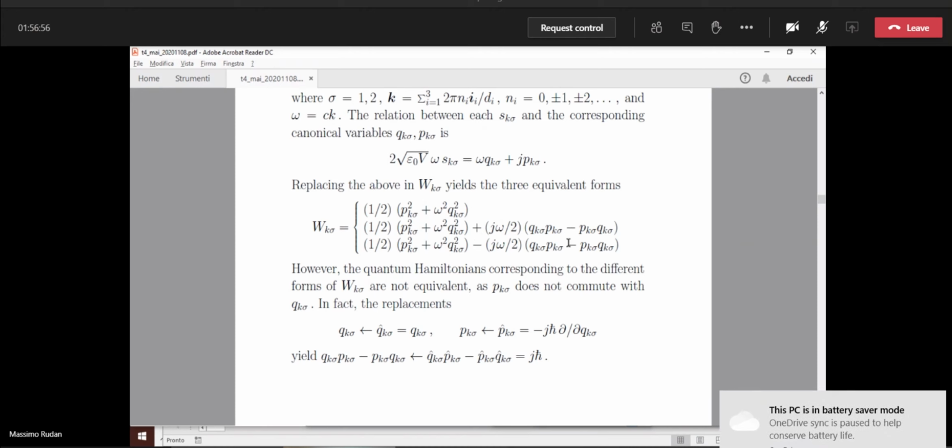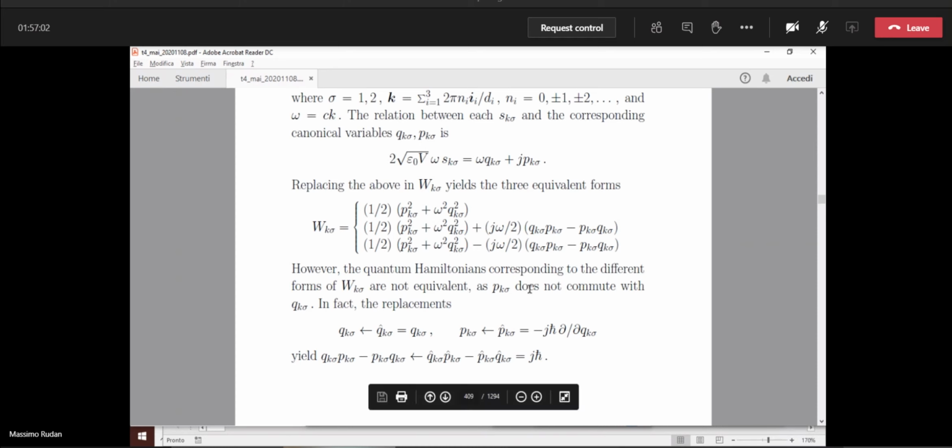And in the last line, we have again J h bar, J with the minus J is a plus 1. So we have three possible different expressions of the Hamiltonian. This looks very unpleasant because at some point we should ask ourselves which is the correct one. But we shall see there is a way out.